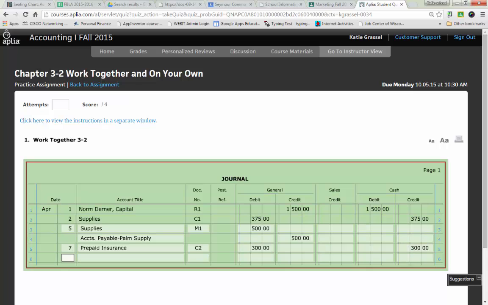The 9th, paid cash on account to Palm Supply, $250. Jory, what are my two accounts for the 9th? Is there a special column for either one of them? Okay, so what goes in my account title? Thank you.